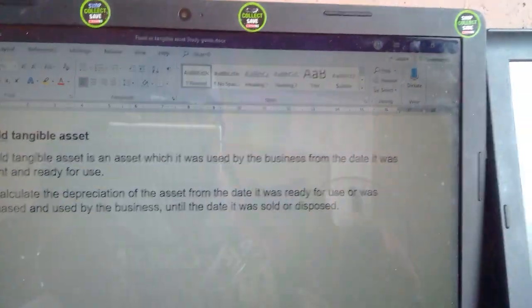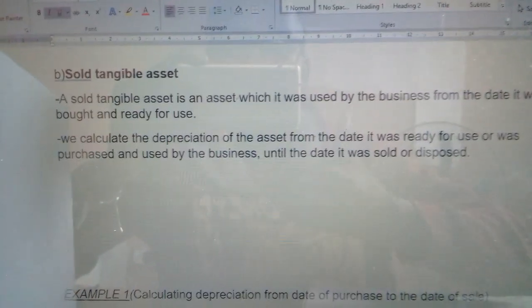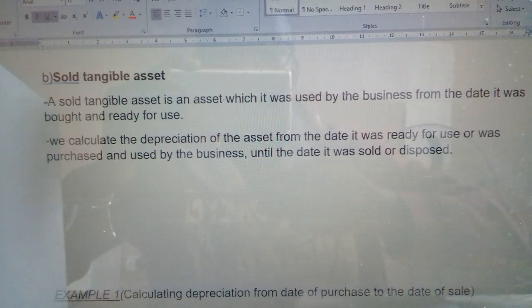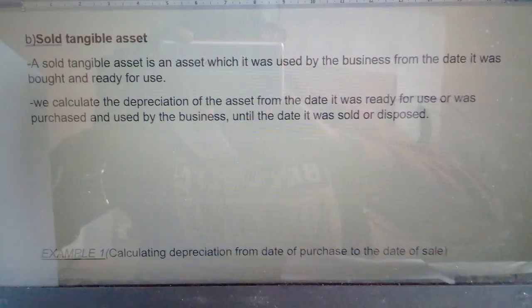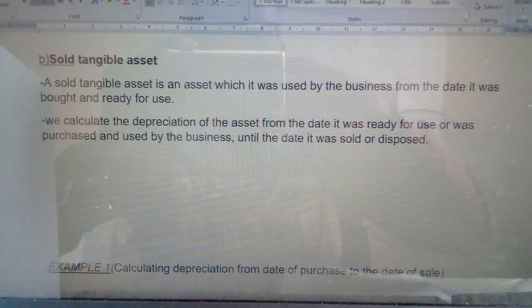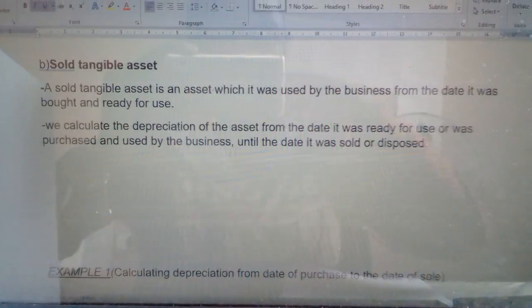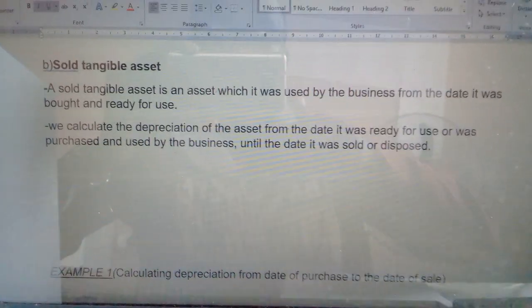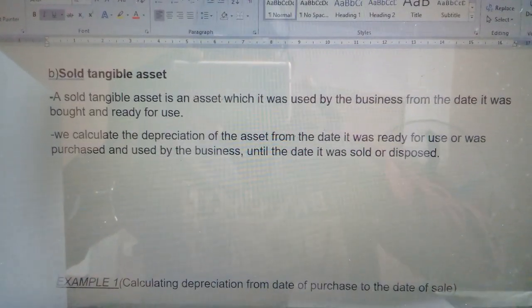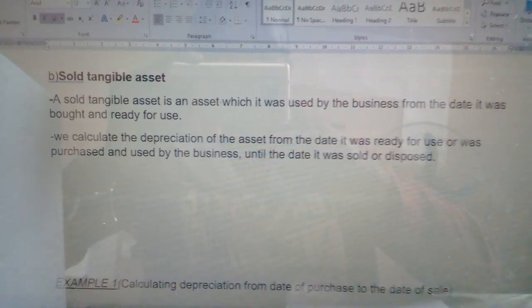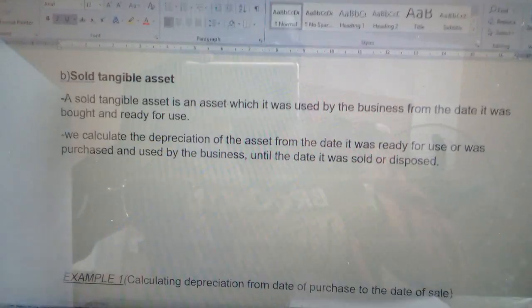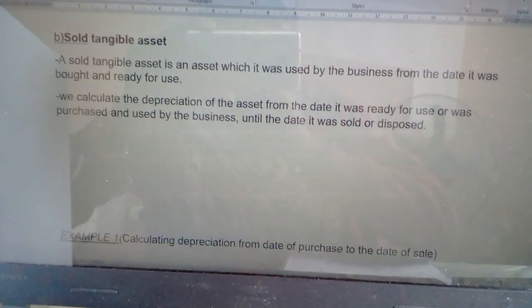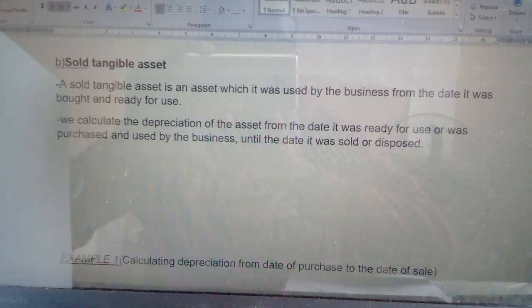It means we are speaking about the period from the date of purchase to the date of sale. Even during the current financial year in which we dispose of the asset, you're going to calculate the depreciation for the months it has spent inside the business. So let me show you.